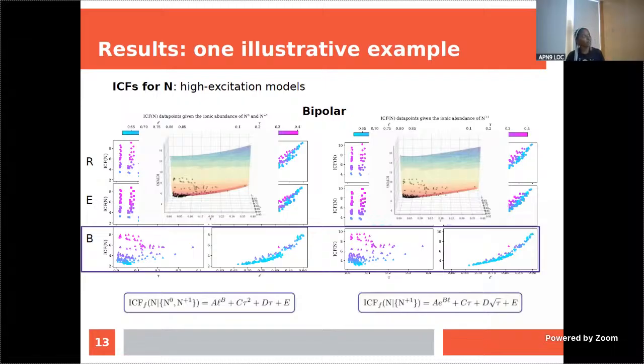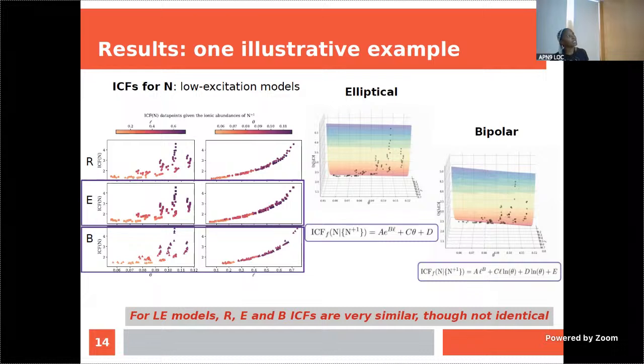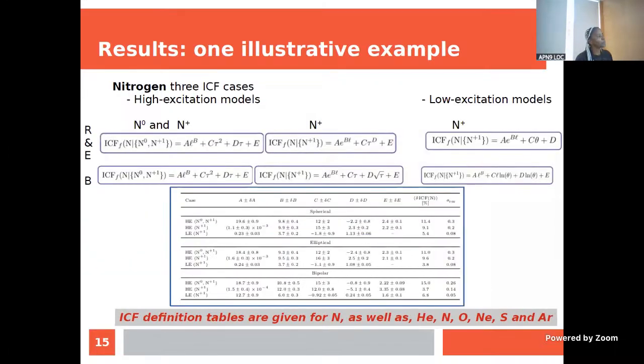What you get for the bipolar case are these two fits that are significantly different from the rounds and ellipticals. Then for the low excitation case, we have only these lines that can be observed, and you see this is the distribution of data points and the formula we get.